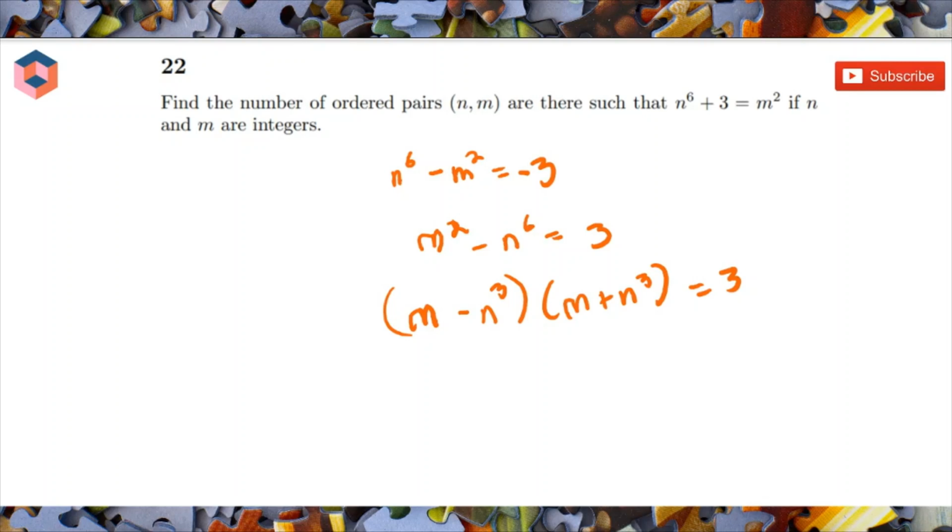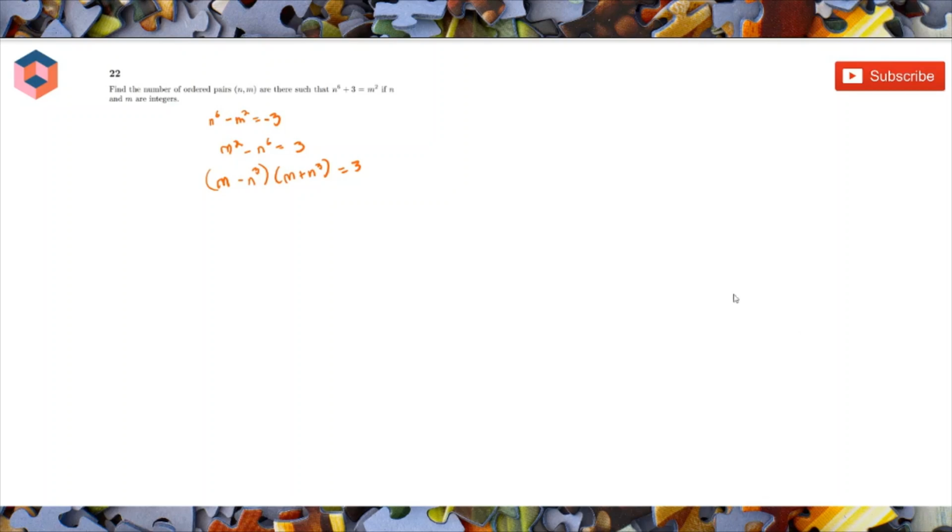So now, if m minus n cubed is equal to 1, so let me zoom out a bit. Okay, so I zoomed out a bit. So if m minus n cubed equals 1, then m plus n cubed would equal 3, right? Because 1 times 3 equals 3.